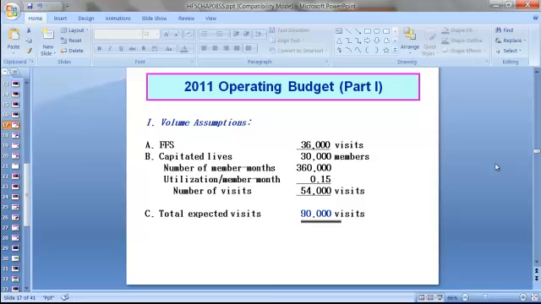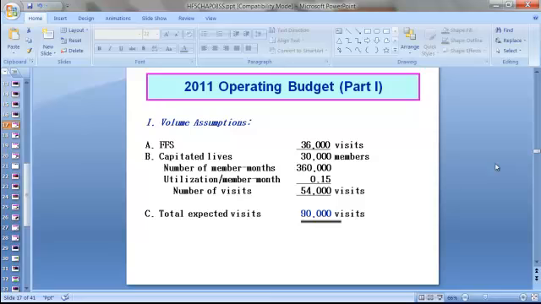In this case, they have 30,000 capitated lives with 360,000 member months. You can see that's really just the 30,000 times 12 months, giving us the 360,000 months.